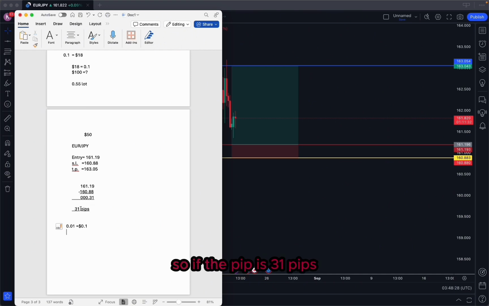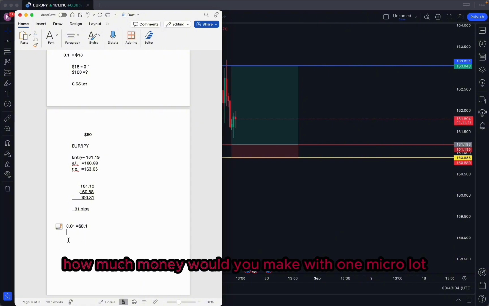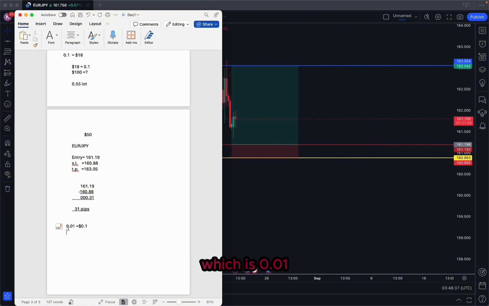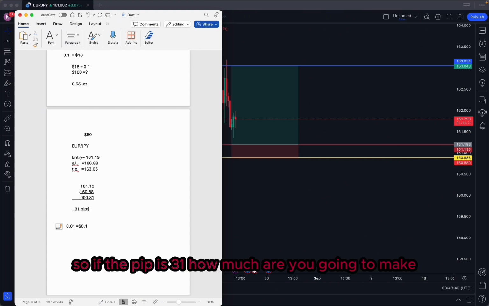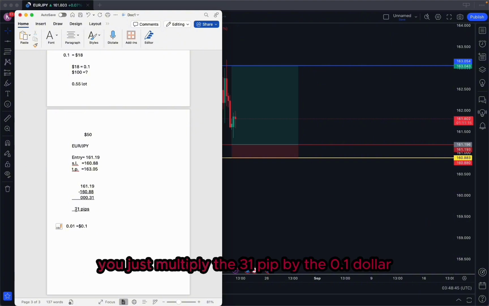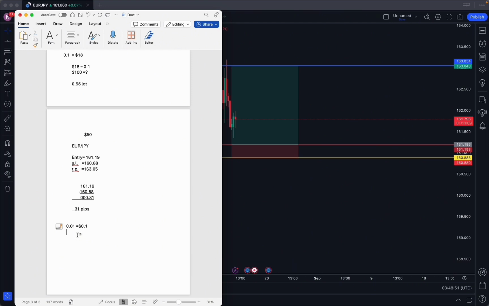So if the pip difference is 31 pips, how much money would you make with one micro lot, which is 0.01? You just multiply the 31 pips by this $0.1. So $0.1 times 31 pips.